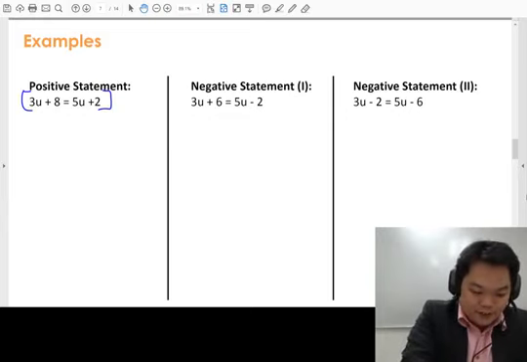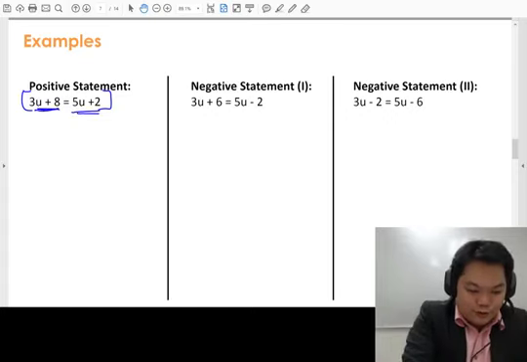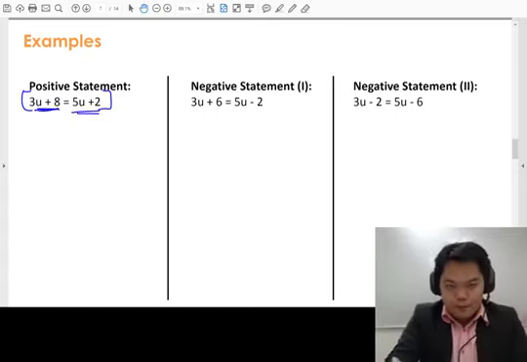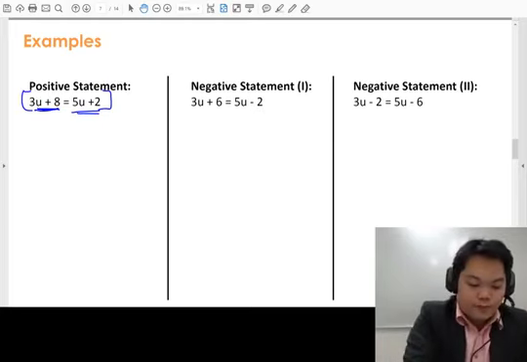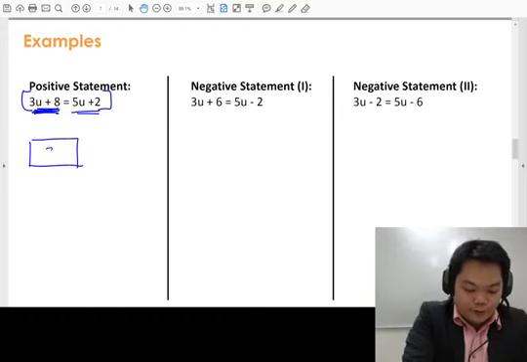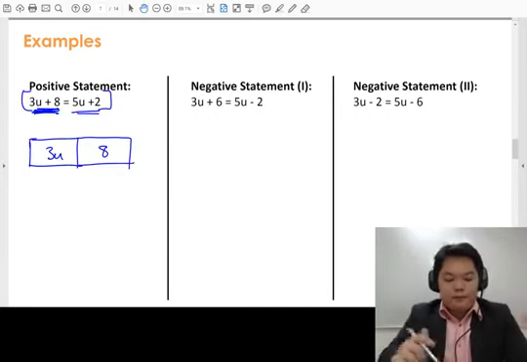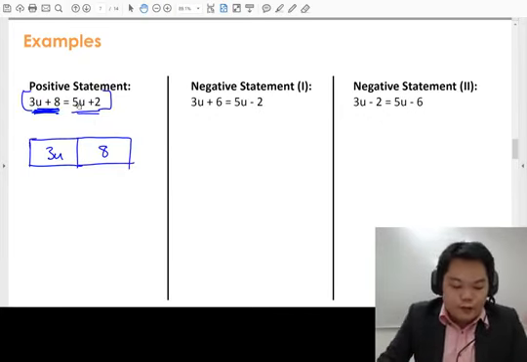Thanks for joining. Okay, so 3u plus 8 is equal to 5u plus 2. How do we represent this? Let's just say that I draw out 3 units plus 8 first. Okay. The next statement is 5 units plus 2.